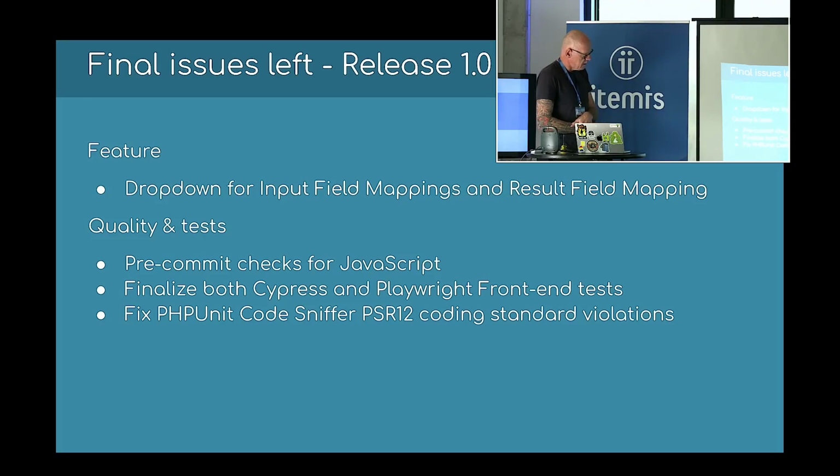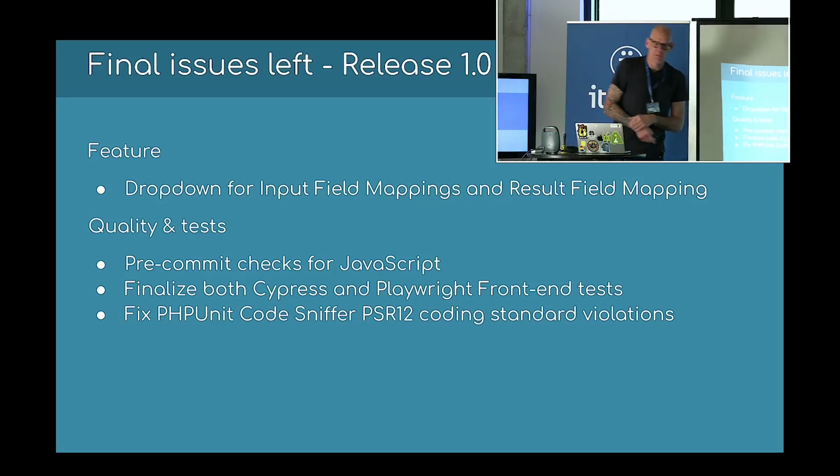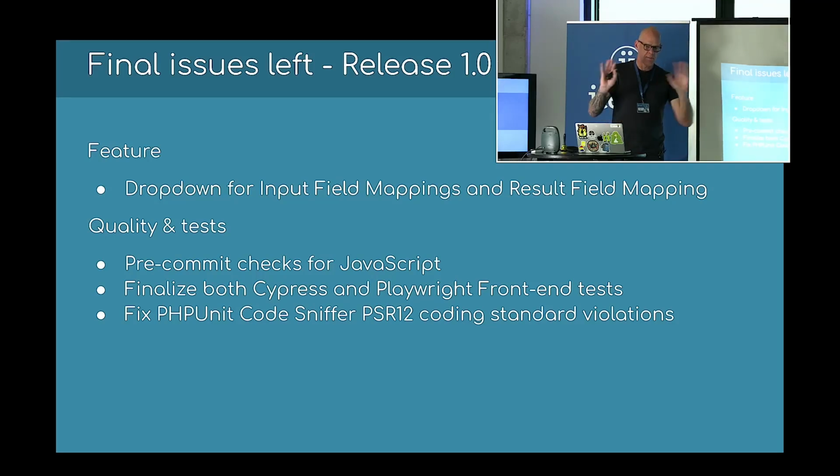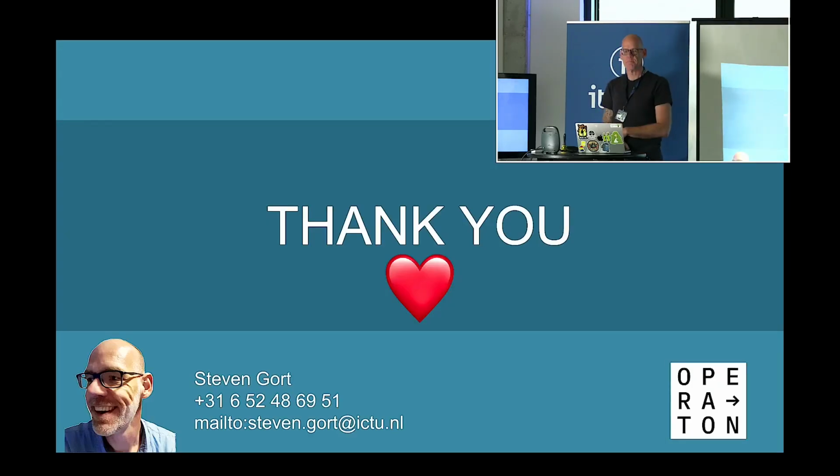And this one, I was very impressed with myself, let's put it that way. Having a full, complete Cypress and Playwright front-end test, but I refactored the front-end module and broke the test. So I need to fix that again. And there's a couple of coding standard violations that can't be automatically solved, so I need to do that by hand. And I'm a perfectionist. I want to have it complete and up and running. Okay, that was my story.